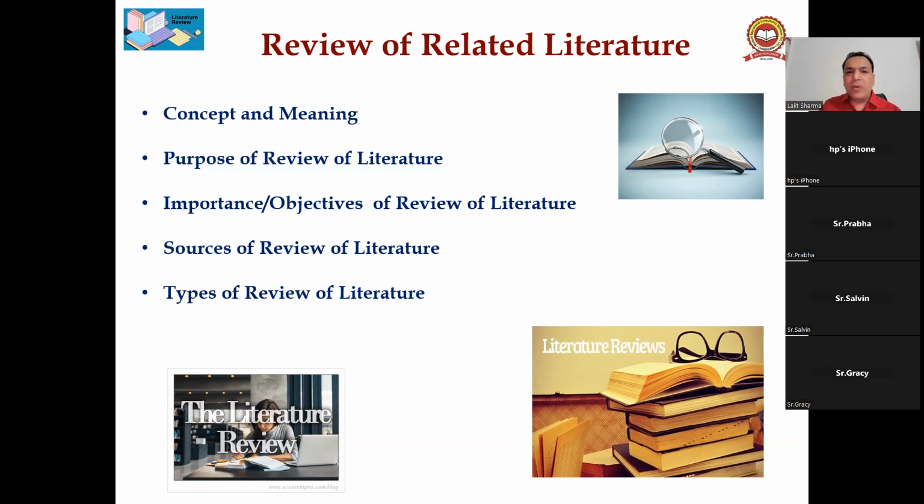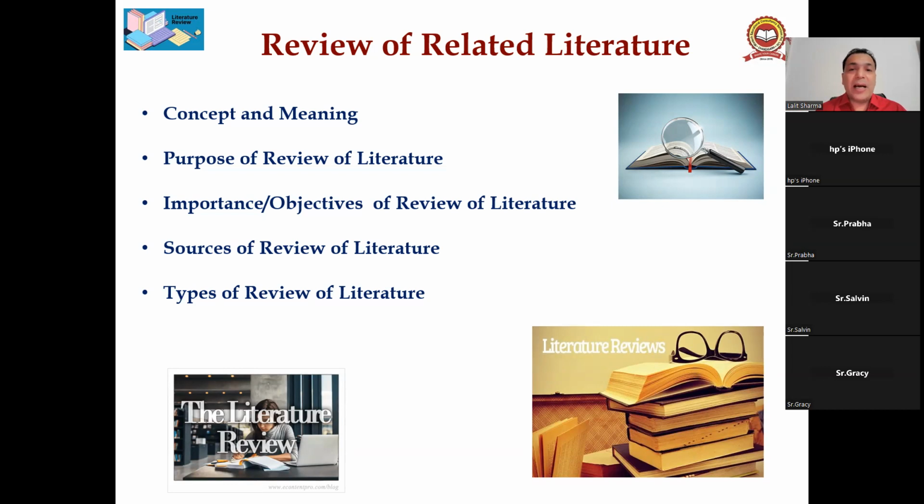Okay. Now there is a review of related literature. I cannot go directly to the descriptive statistics or measure of central tendency or even the sampling, right? So whatever the steps are, all these steps are interrelated. After this review of related literature, we'll talk about the research problem.